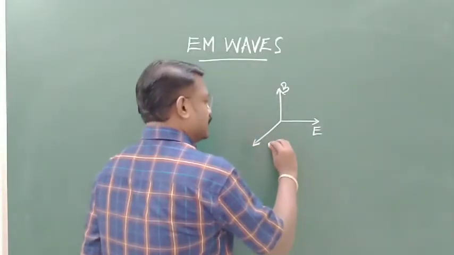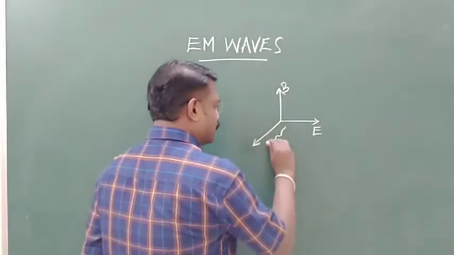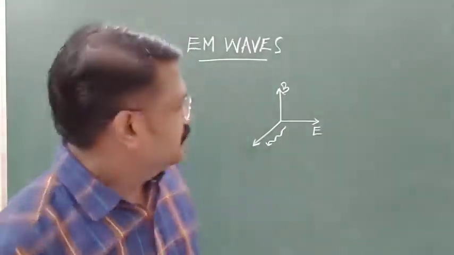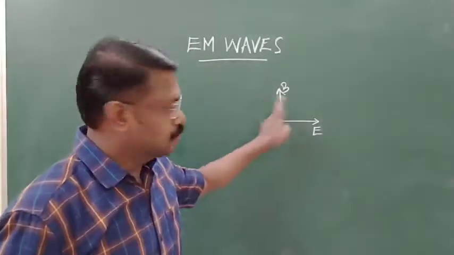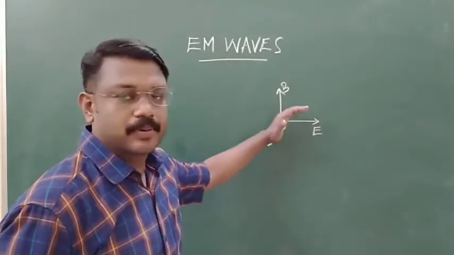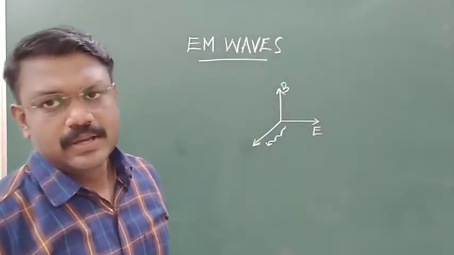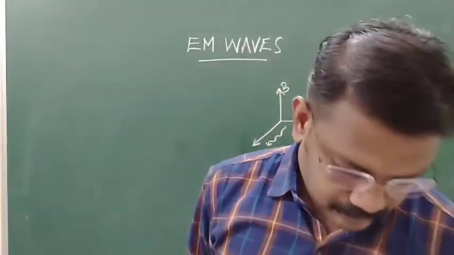So propagation is perpendicular to both the electric field and the magnetic field. That is another property.